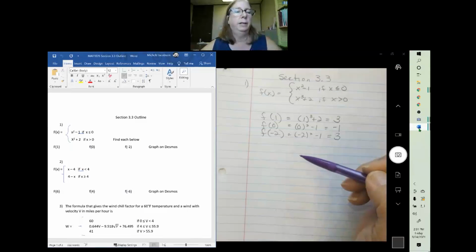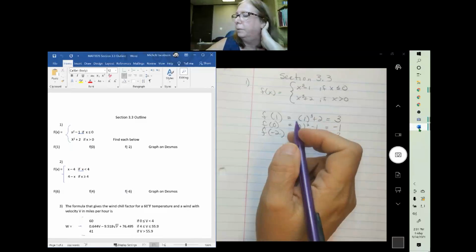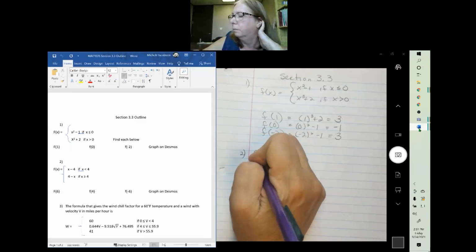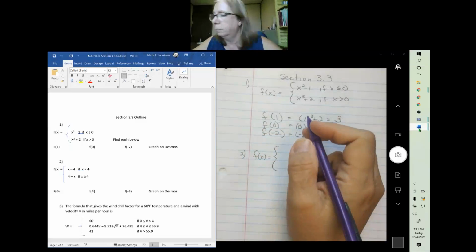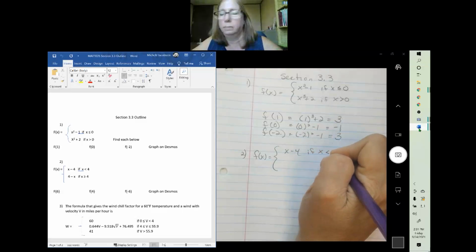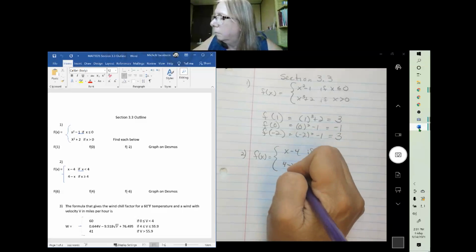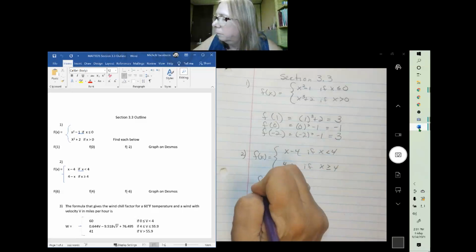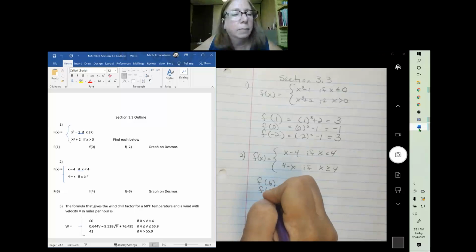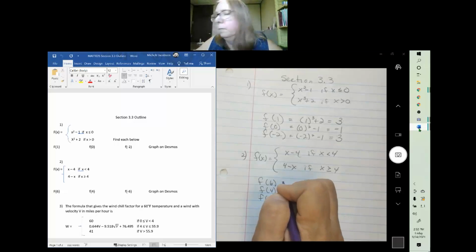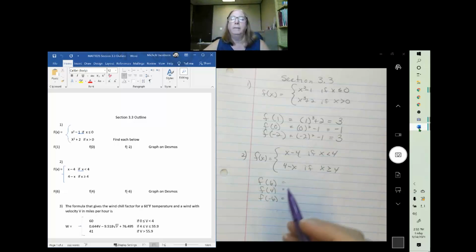So find f of 6, f of 4, and f of negative 6. Go ahead and find all 3 and then put it in the chat.